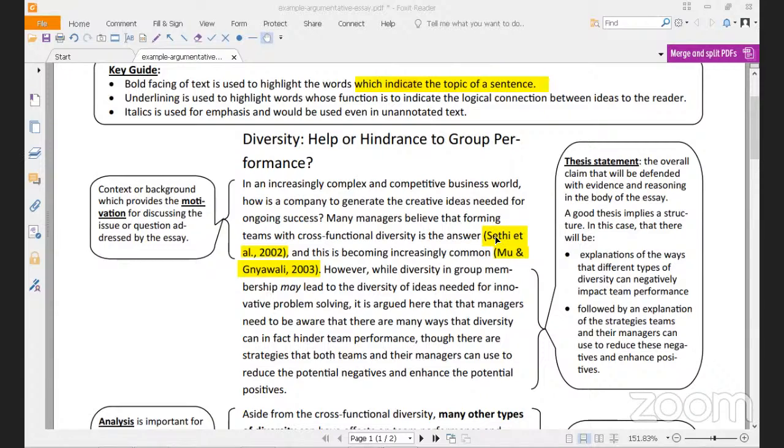So here I am indicating and highlighting the references. So we have some citations. Now, these citations that we are used to doing are with quotes. Remember, when we quote, we use quotation marks when the quote is short.